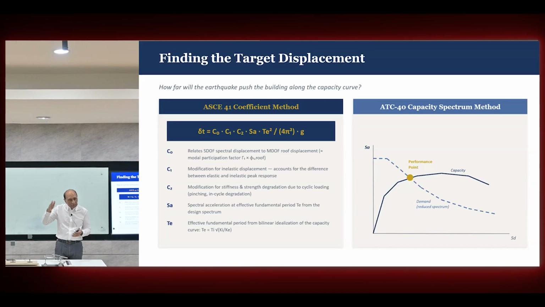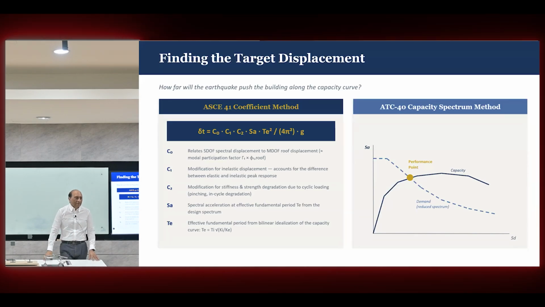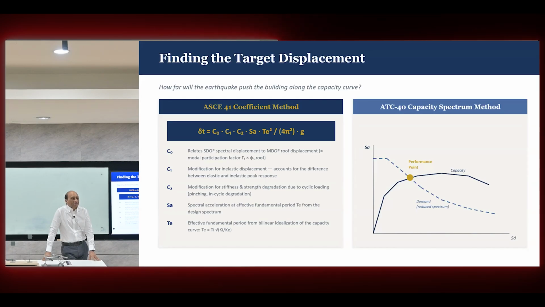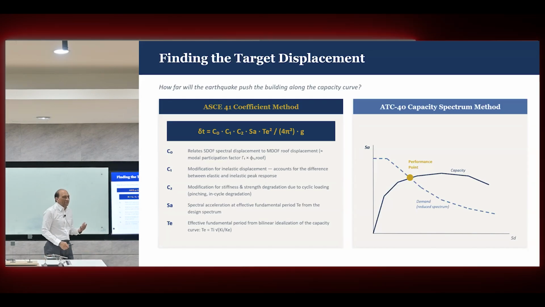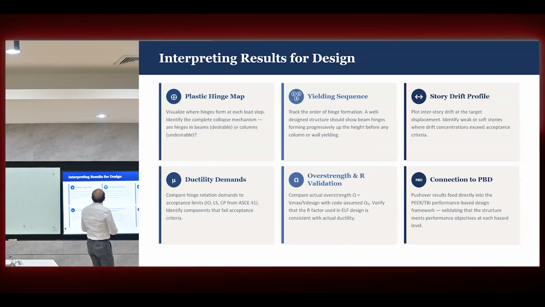So you can check the structural performance for different earthquakes. Or you can say, okay, I have a structure, tell me what earthquake it can resist. You can check, this earthquake, up to that, no more. You can do a lot of things with the pushover curve. That's why we always recommend that you run pushover for the structure anyway, because it gives you a good understanding of what's happening to the structure, because it's simple enough to understand one curve.